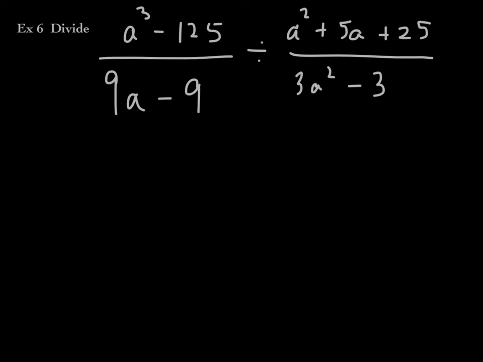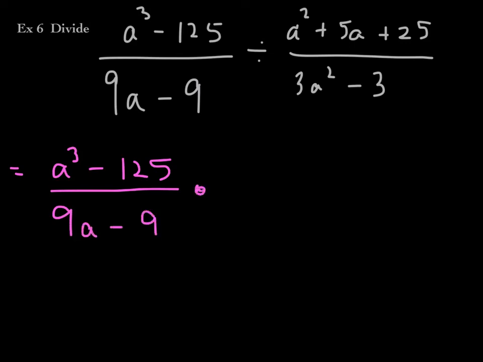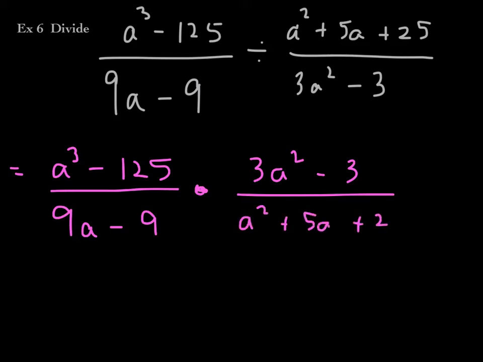So really, this problem turns out to be a cubed minus 125 divided by 9a minus 9. Now we're going to change this to multiplication and then flip the second fraction. So 3a squared minus 3 over a squared plus 5a plus 25.